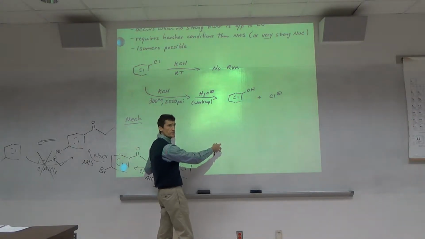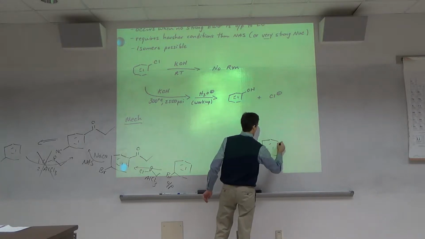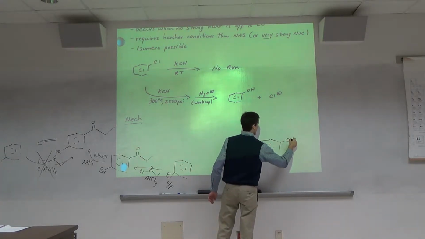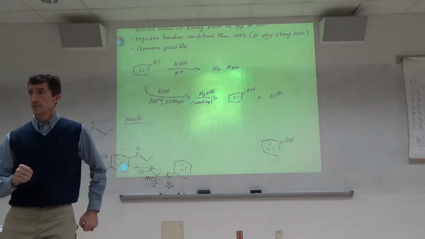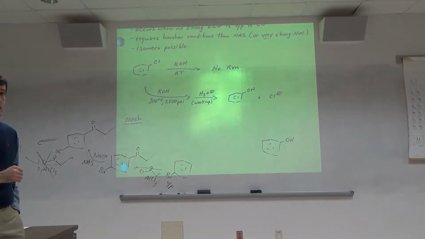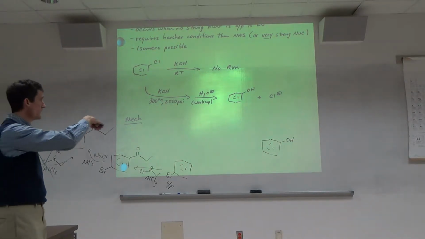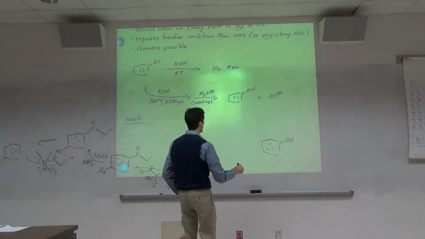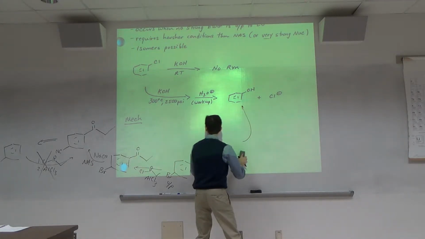I'm not going to redraw it. You have it. Here's the product. Did we show the product at the end of our mechanism? I don't know if I drew it or if I just drew an arrow up to that. Okay. We had here, so I'll just do that. Pretend all the rest is written there.